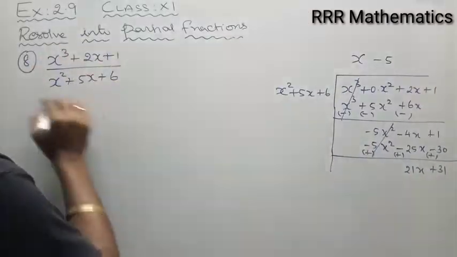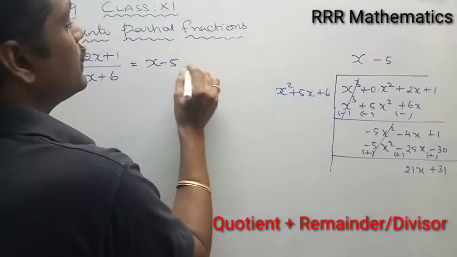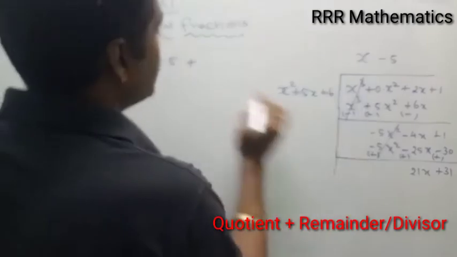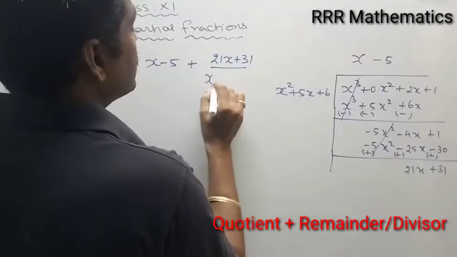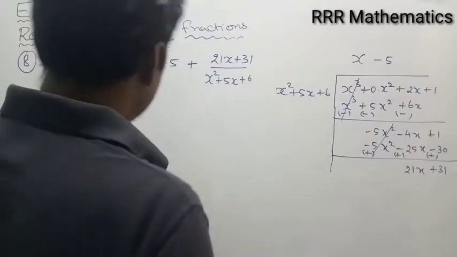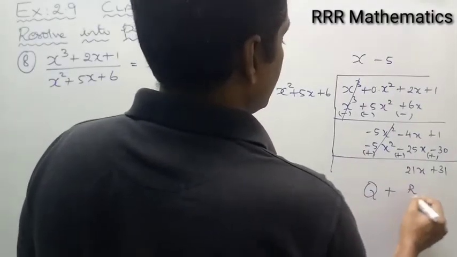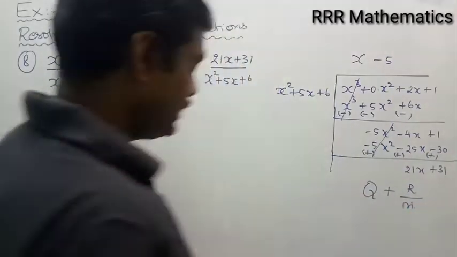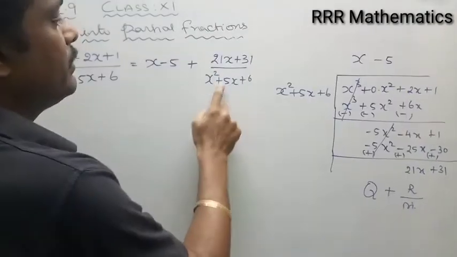Now you want to write the given fraction, which is equal to quotient plus remainder divided by divisor. Got it? So when you use the long division method, you want to write quotient plus remainder divided by divisor.